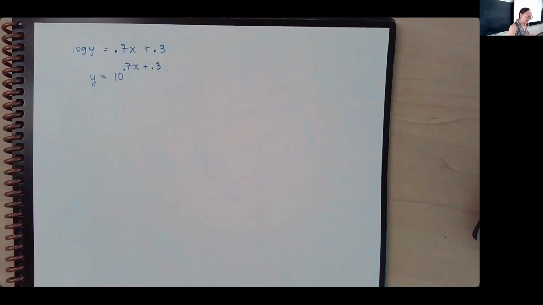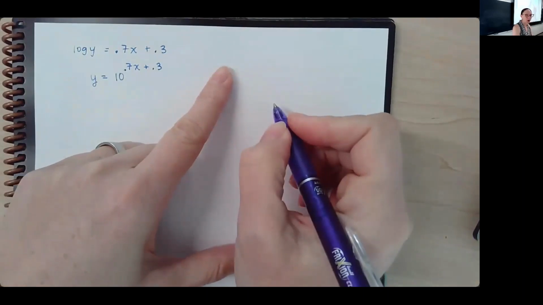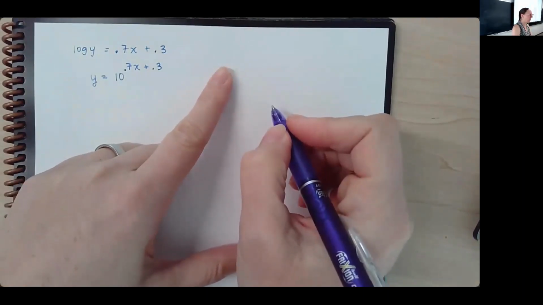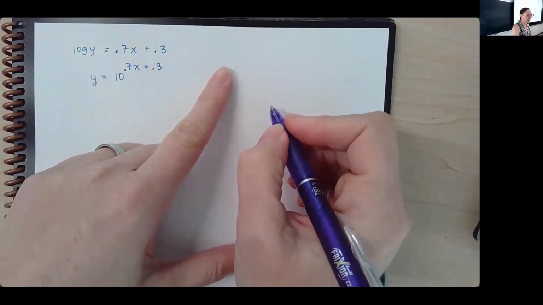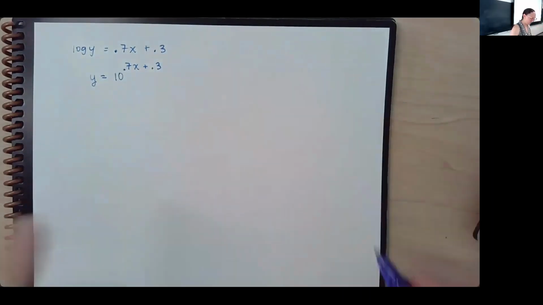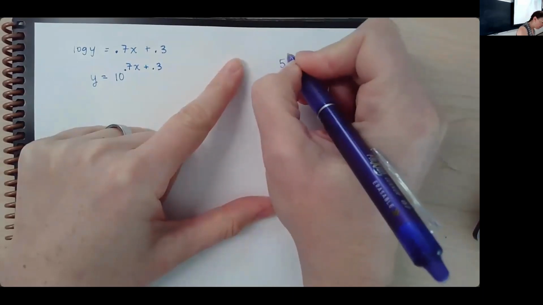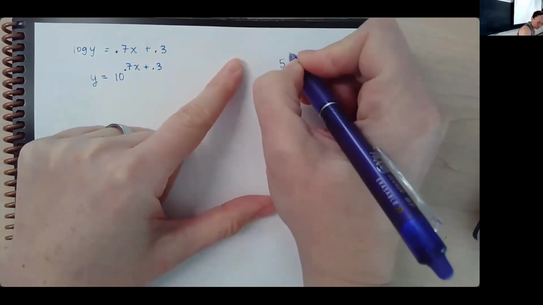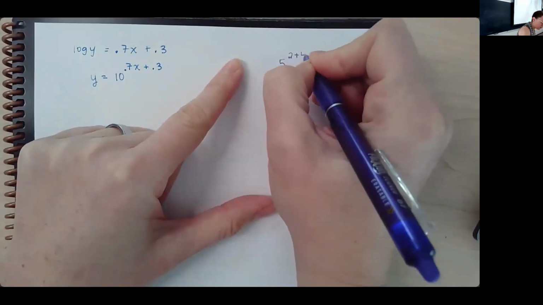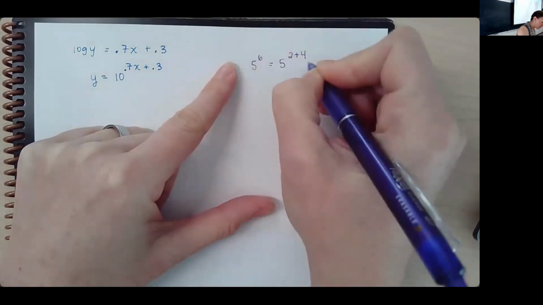I want to pause just for a second because there are a couple of super common mistakes that I've been seeing people make. And this is the number one thing that is going wrong for folks. If I had 5 to the 2 plus 4, I know that's 5 to the 6th.